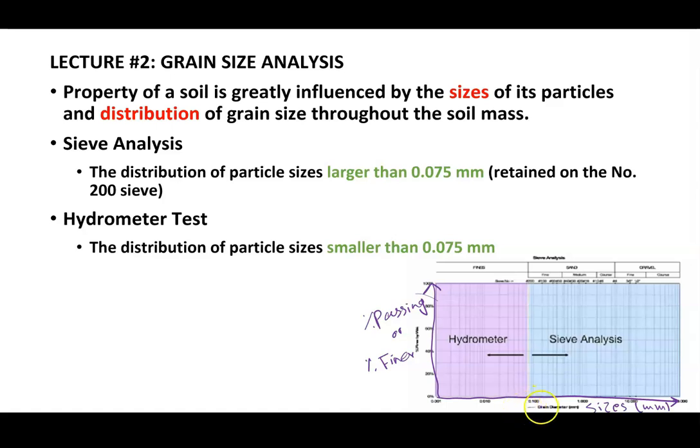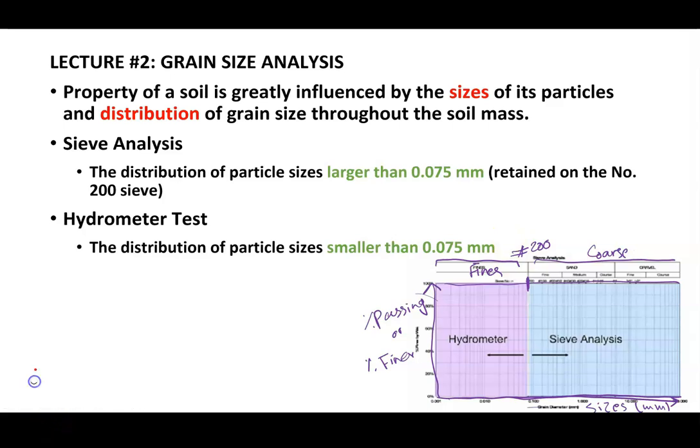So we have the opening size here, and we have the corresponding sieve sizes here. So what separates fine from, this is fine, this is coarse, from each other is sieve number 200.